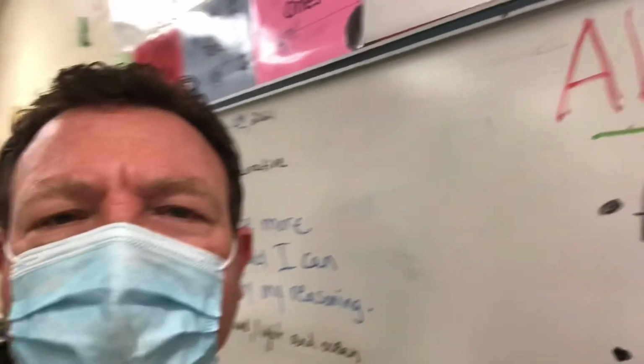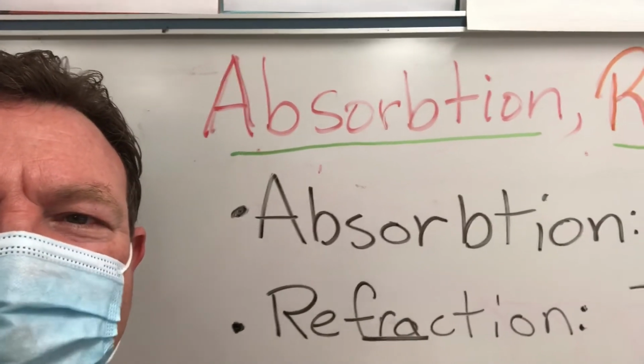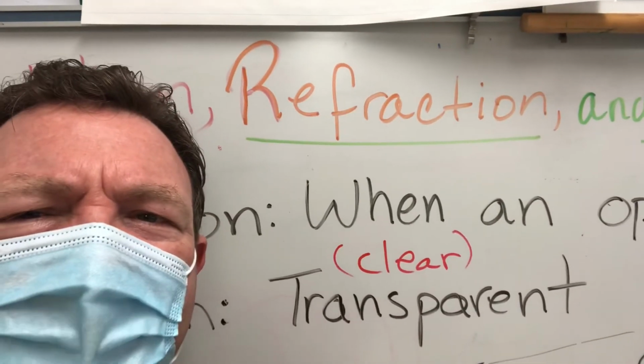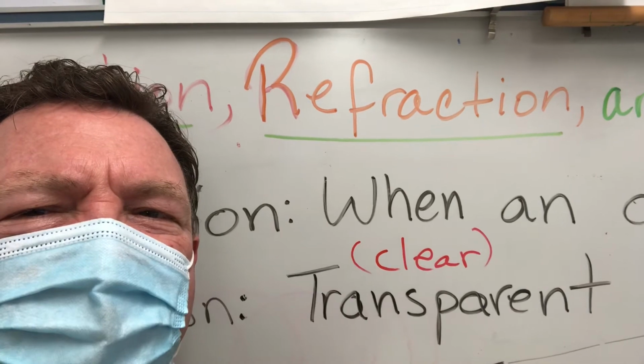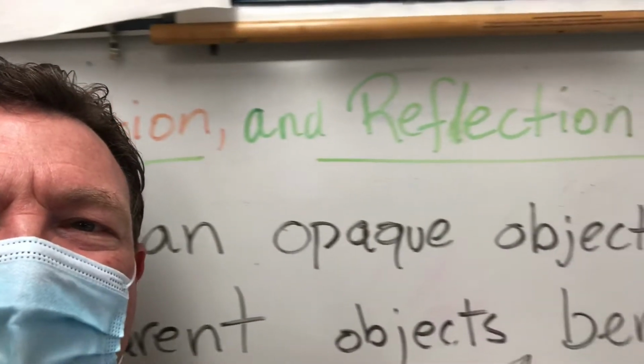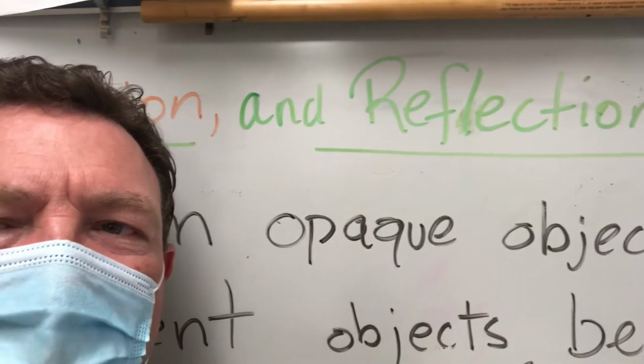So if we look over here, we see that the first word is absorption. The second one is refraction. And then we have reflection, okay? Those are the three words.